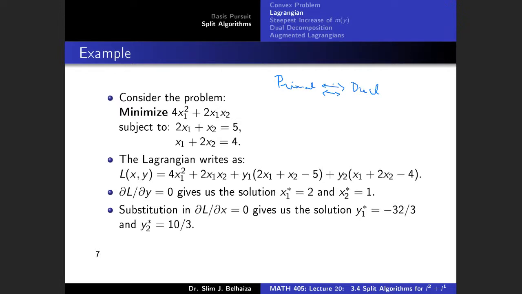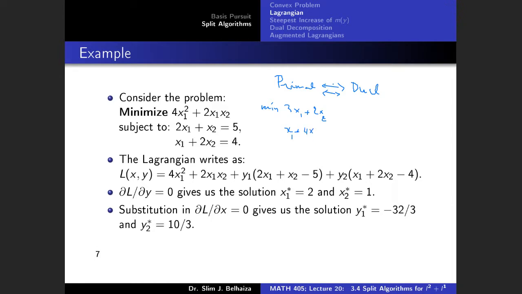For example, take this small problem where I have to minimize 3x1 plus x2. Just to notice that it's very easy to write the dual problem.